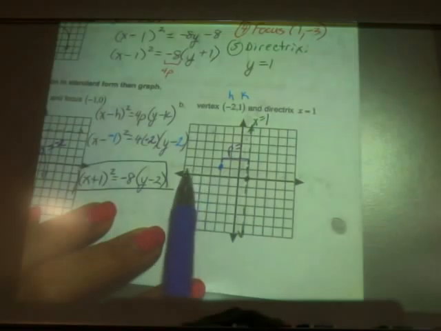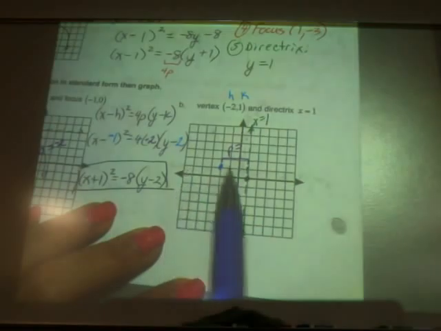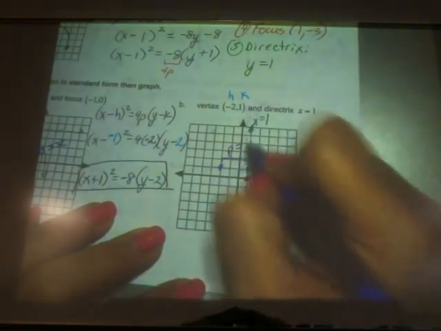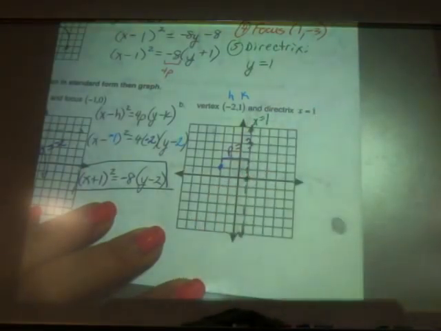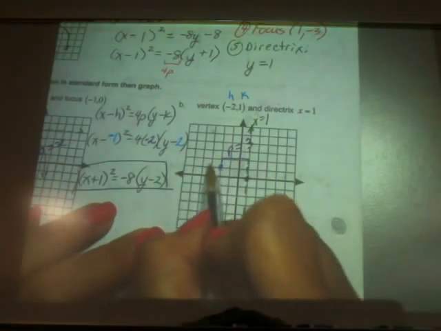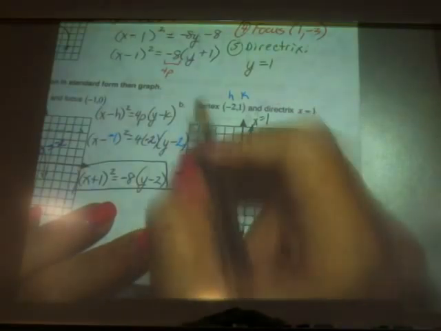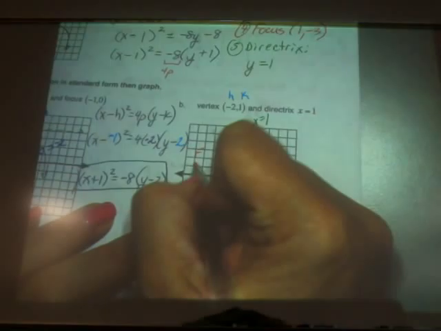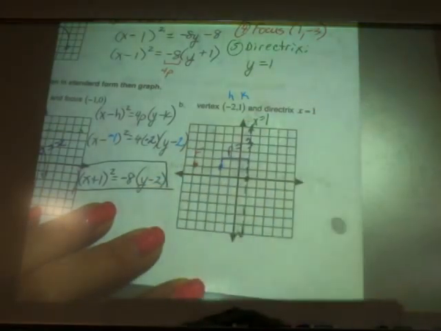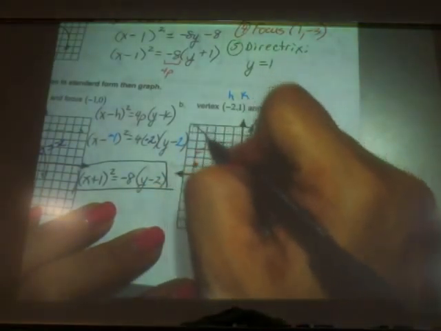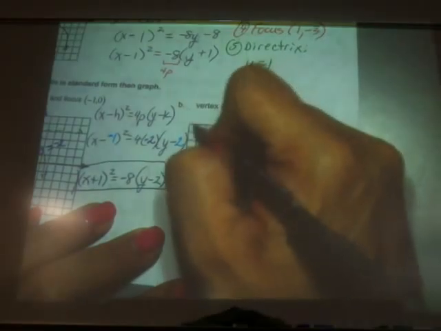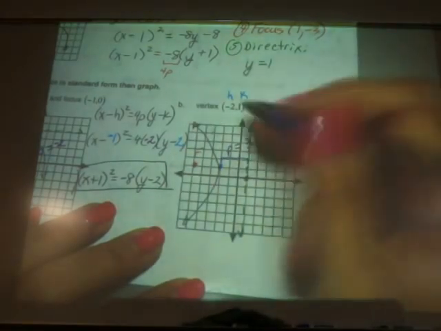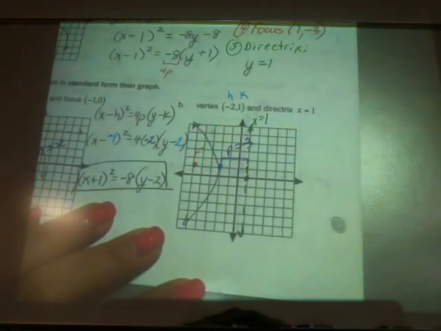So I know the focus is to the left. How far apart are these? How far apart? 3. If my focus is also 3 to the left, 1, 2, 3, this is my focus, that means that my parabola is going to open this way, doesn't it? So is my P positive or negative? That makes it negative. That's all I need to write my equation.